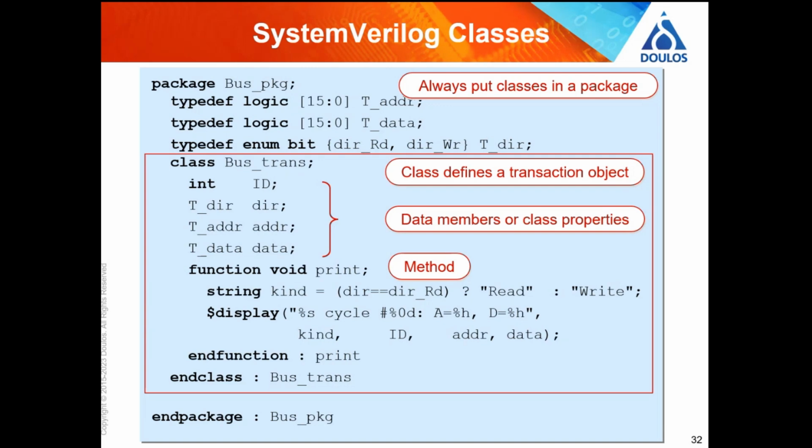So you would write lots of methods in your class, and that's why object-oriented design is useful for representing transactions. And then notice that this class declaration is in a package. If you know VHDL and you know about packages in VHDL, there is one in SystemVerilog.